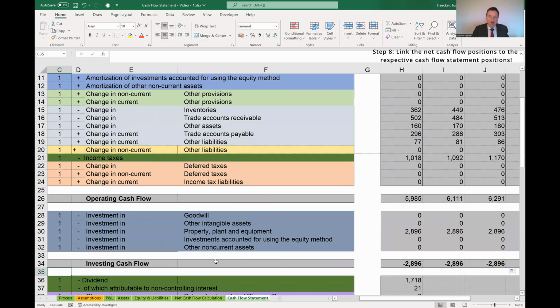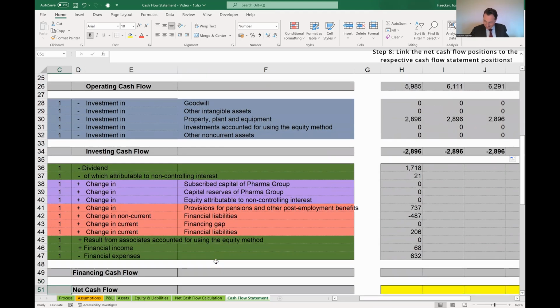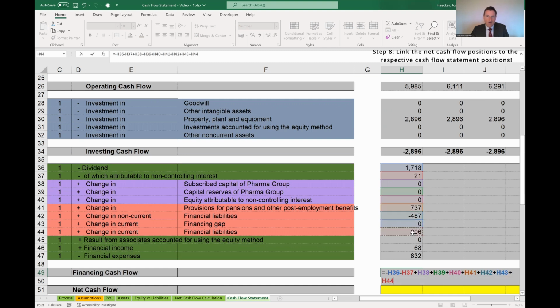So now how does my financing cash flow look like? And you see here, I'm having minus the dividend. So let's do it here. Equals minus the dividend minus the non-controlling interest plus, if there's a change or a capital increase, plus the money I got from the banks or by issuing bonds plus the interest part in my P&L.